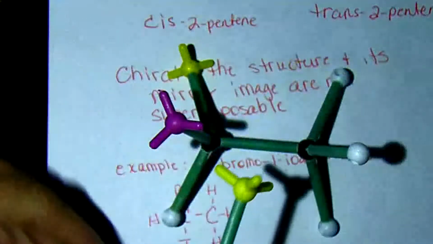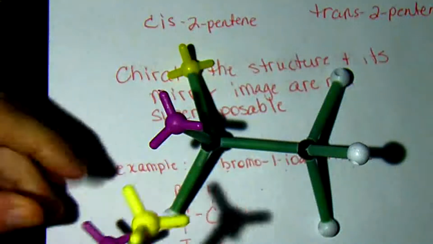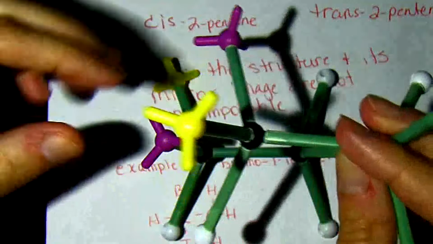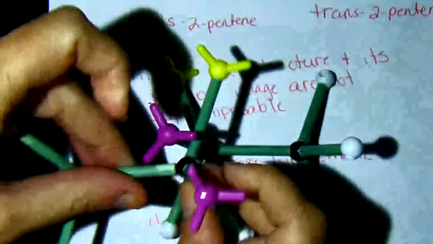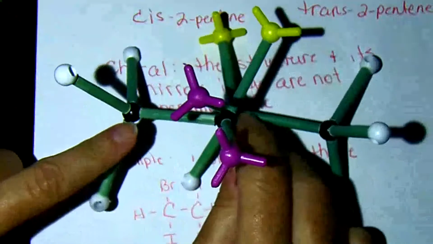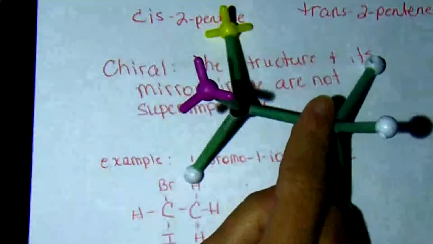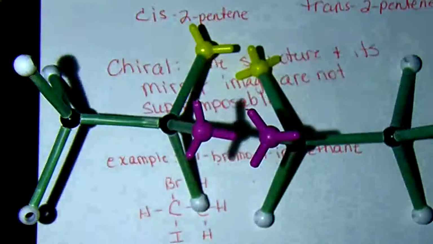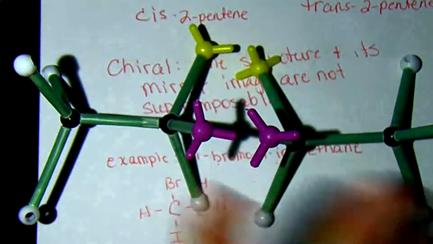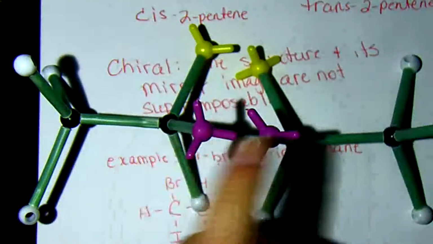And if I get all three of these to line up, I can't even get them. If I get them to line up, they would have to be like this. And now my CH3s don't line up. This one's way over here, and this one's over here. These two substances are chiral, so they are different stereoisomers.